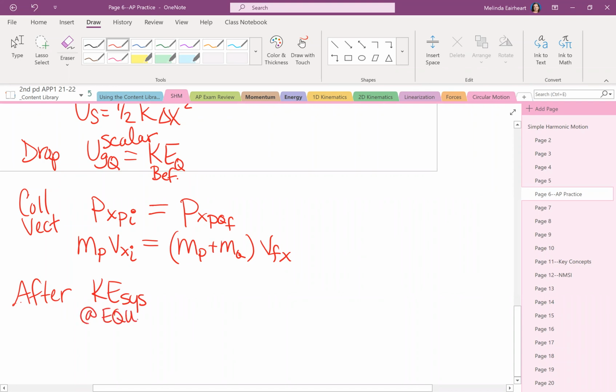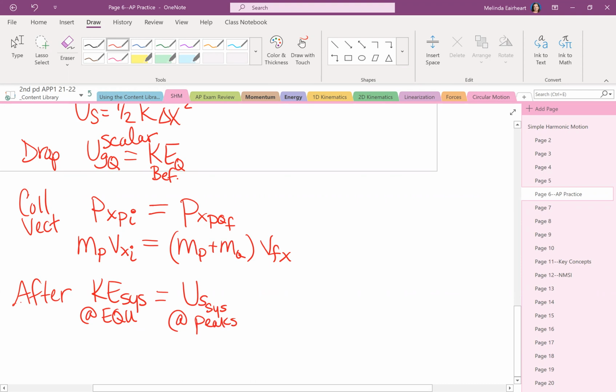The kinetic energy of the system is all going to convert into what? What kind of potential? Elastic at one of the peaks, right? Whether it's going left, right doesn't matter. And so it's going to be at one of the peaks. And so elastic potential of the system at one of the peaks.